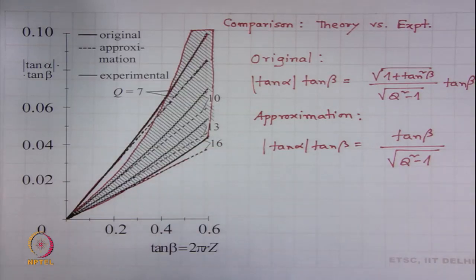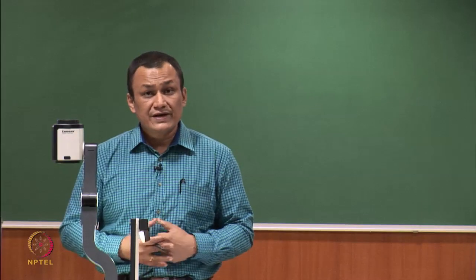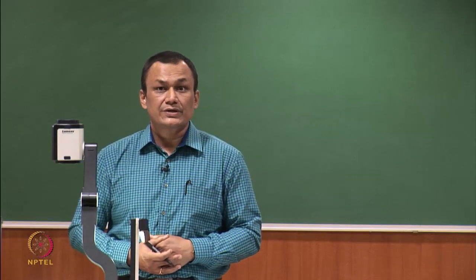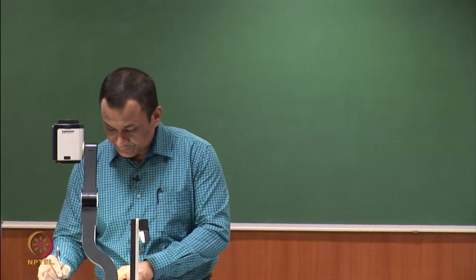So, what is interesting to see here is that the equidistant migration model shows a very good correspondence between theory and experiment.